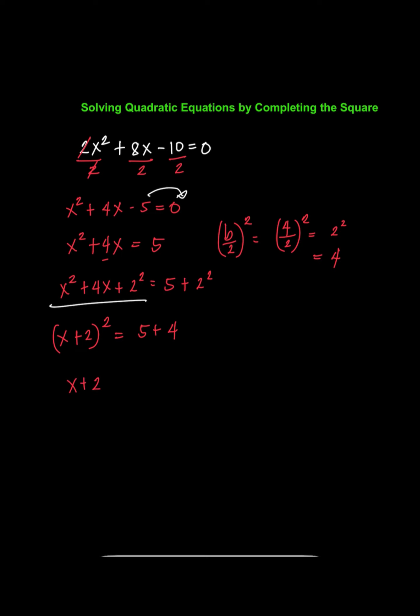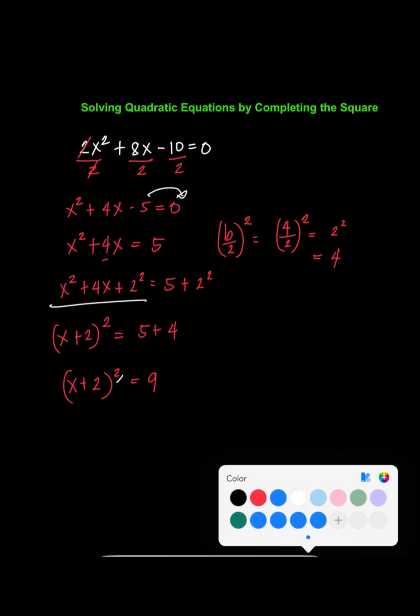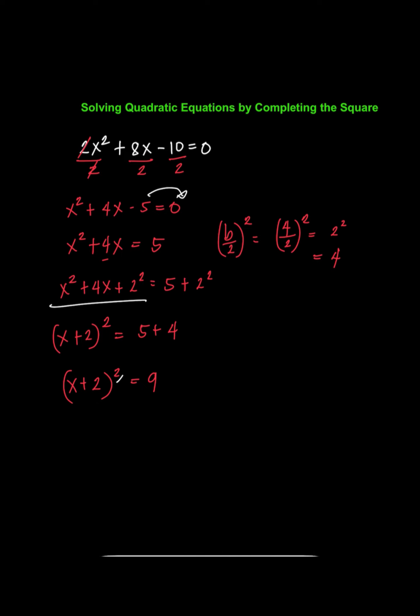So, x plus 2 squared is equal to 9. So, need natin ulit yung tatanggalin. So, square root natin siya on both sides. Square root, cancel. That is x plus 2 equals plus or minus 3.